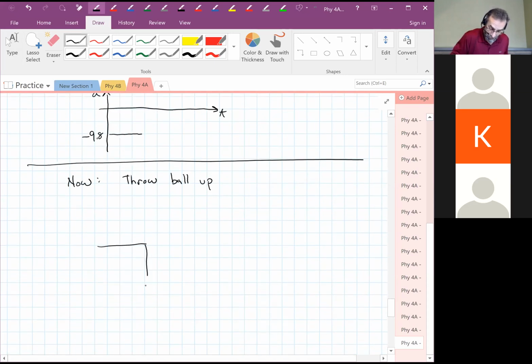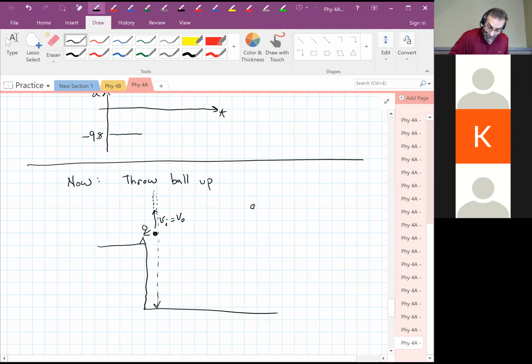So here's our cliff. Here is you. There's the ball. It's going straight up. It's going to go up, turn around, and hit the ground, right?